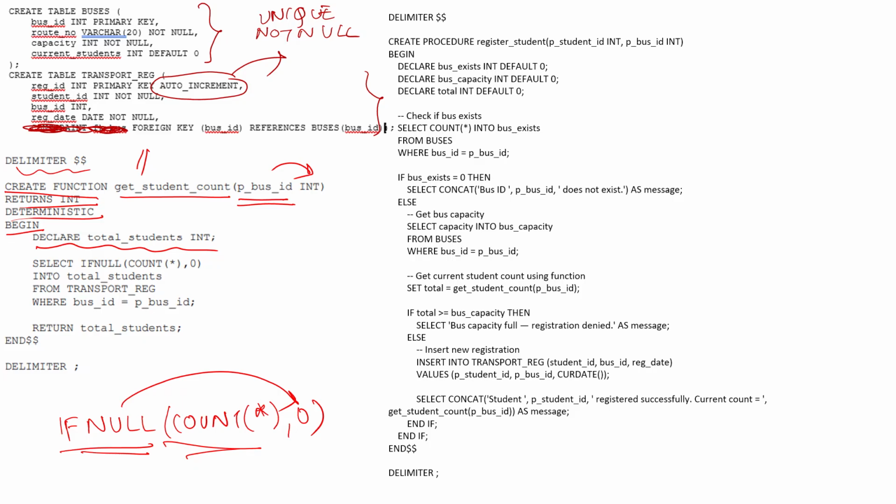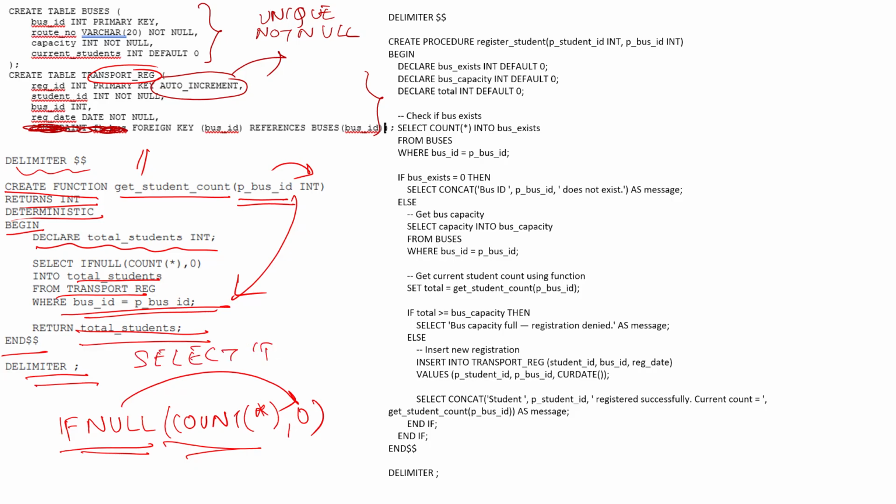Into your variable from the transport_rec table where your bus ID is your parameter. Return the total number of students, and end with the dollar delimiter. Understand, no select statement like select done. This all will not be working.